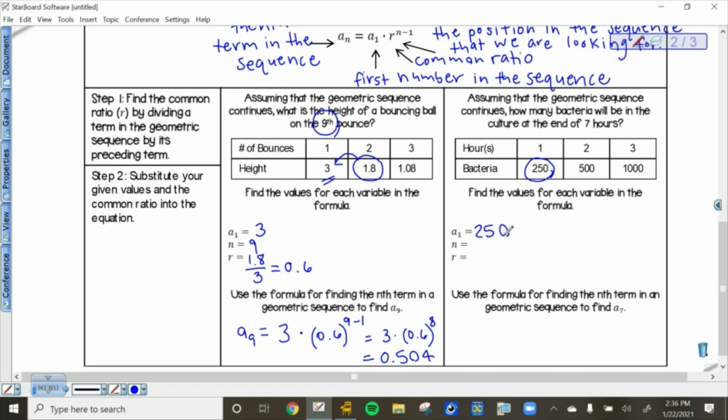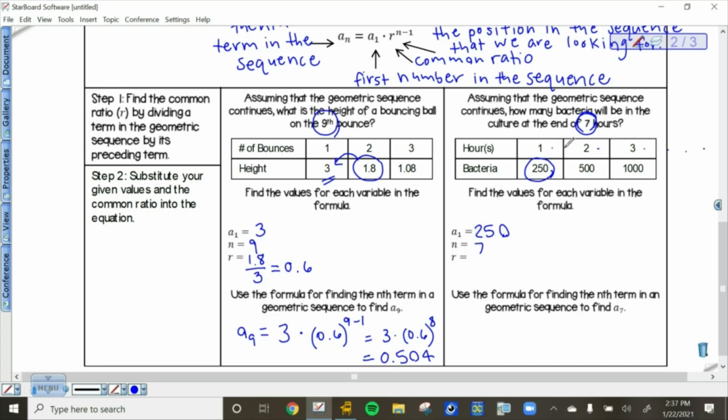N is the term that we're looking for. So our terms are like our different hours. So first hour, second hour, third hour. We're looking for the 7th hour. So 7 is going to be N. And then R, we have to figure out.